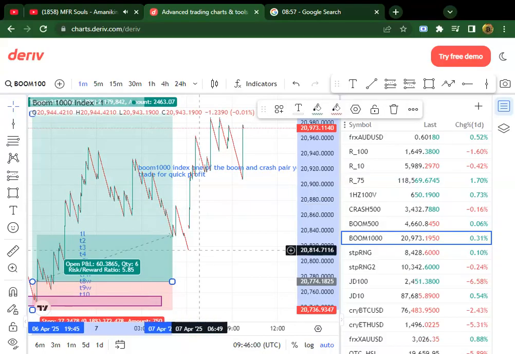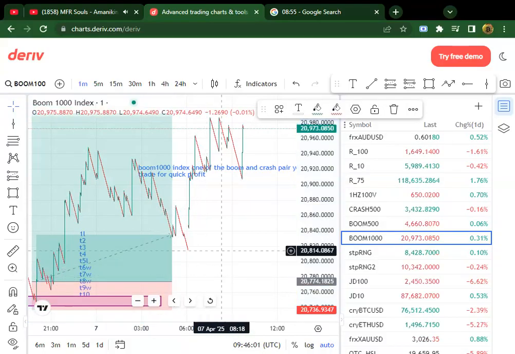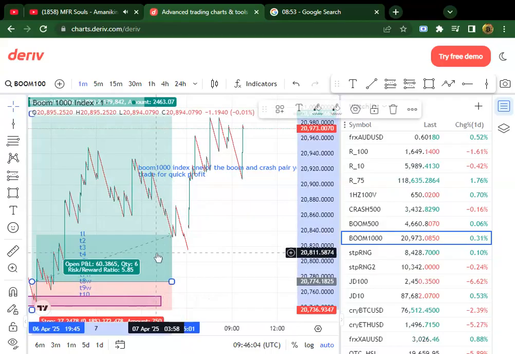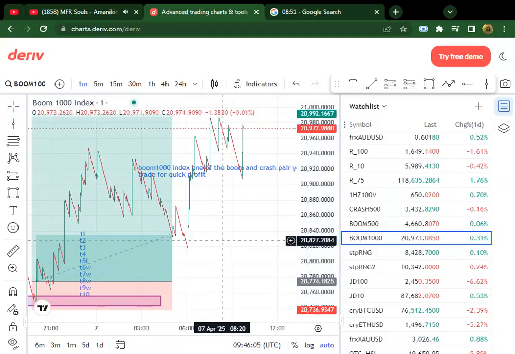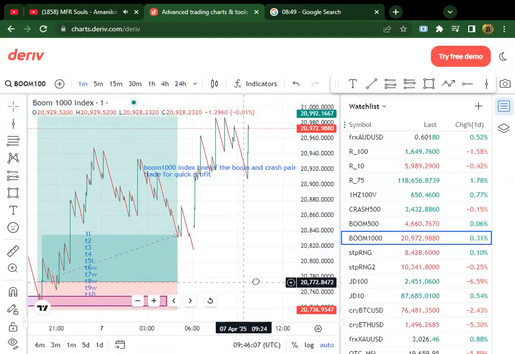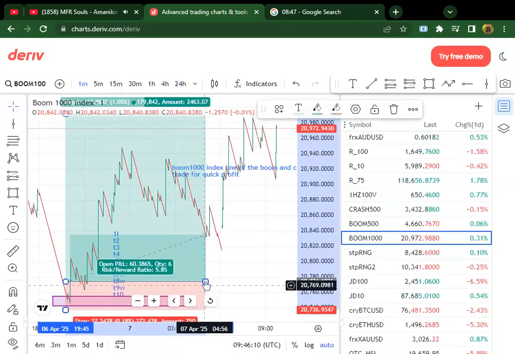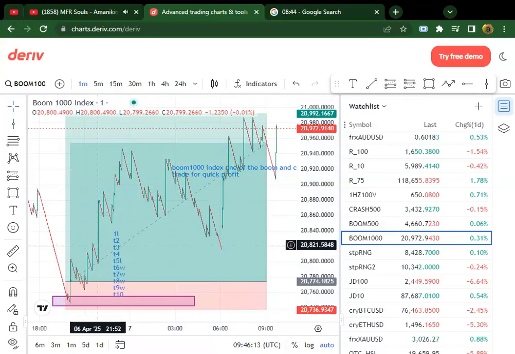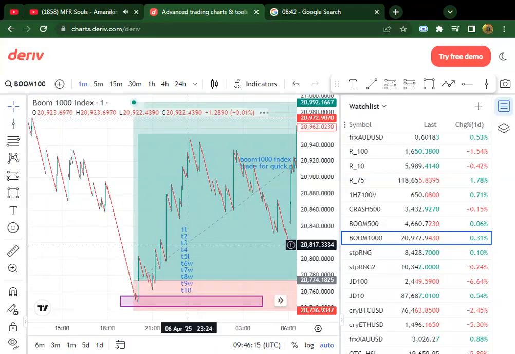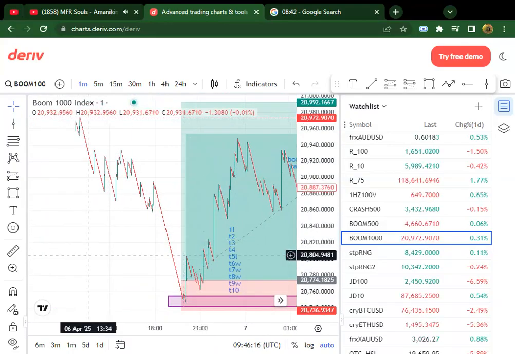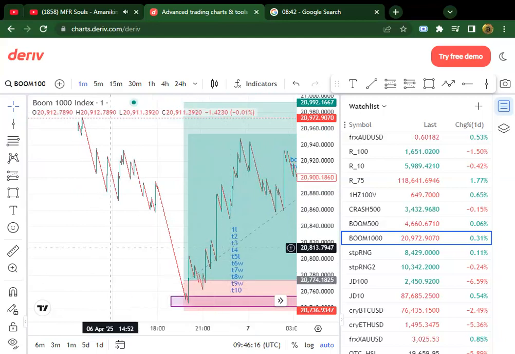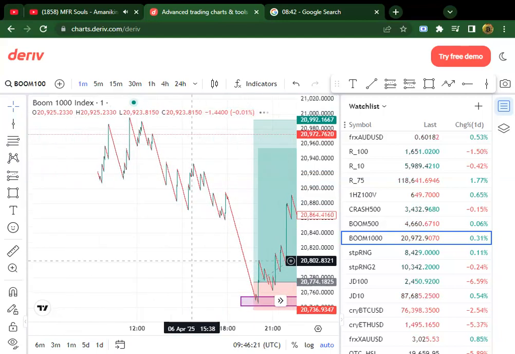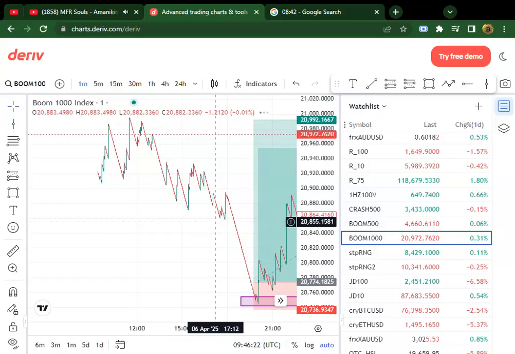Okay, let us say this is 1 is to 5, and let's say 2,107 pips equals $200 on the minimum lot size you are given to trade the 1000 index. So it works both for buying and for selling. If we trade this strategy more times, we're going to win more times and lose fewer times.